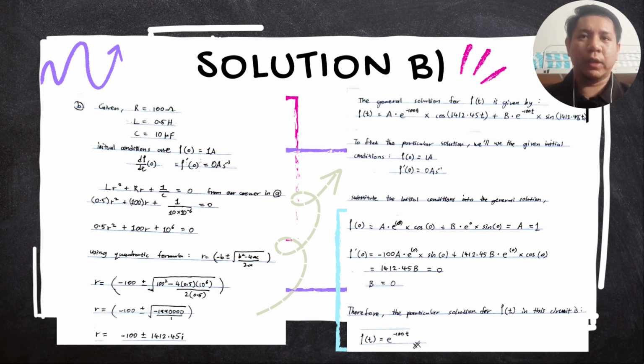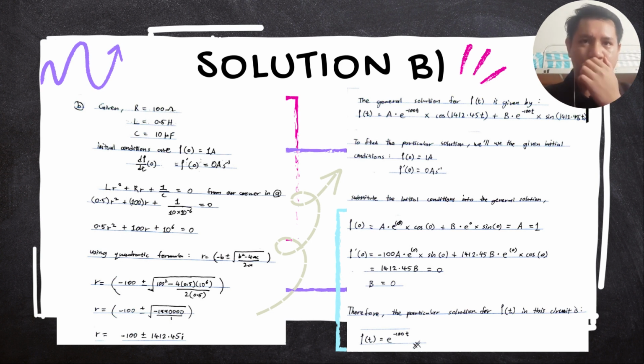So next, the general solution for function I(t) is given by I(t) equals A times e^(-100t) times cos 1412.45t plus B times e^(-100t) times sin 1412.45t.